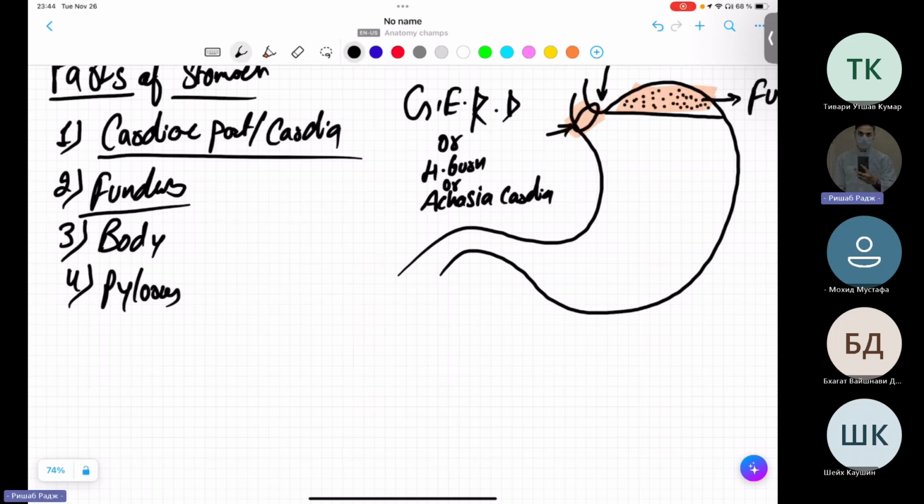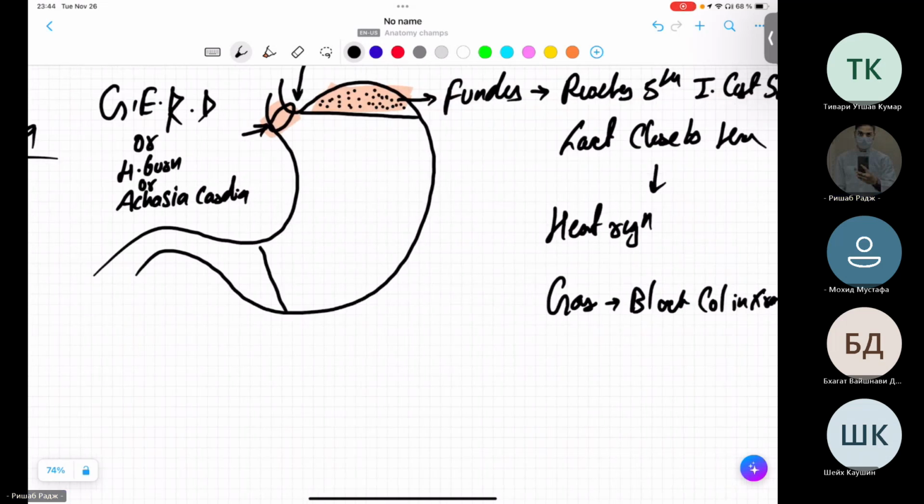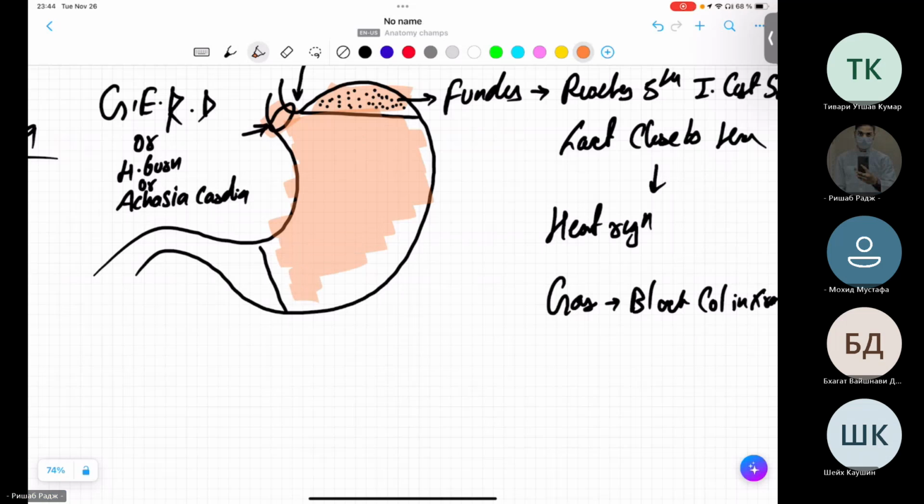We have our body. So this entire part that you see here is known as the body. Body contributes to the large part of your anterior and posterior surface. And histologically, this is the most important part because all of the modifications which you see will be present here.